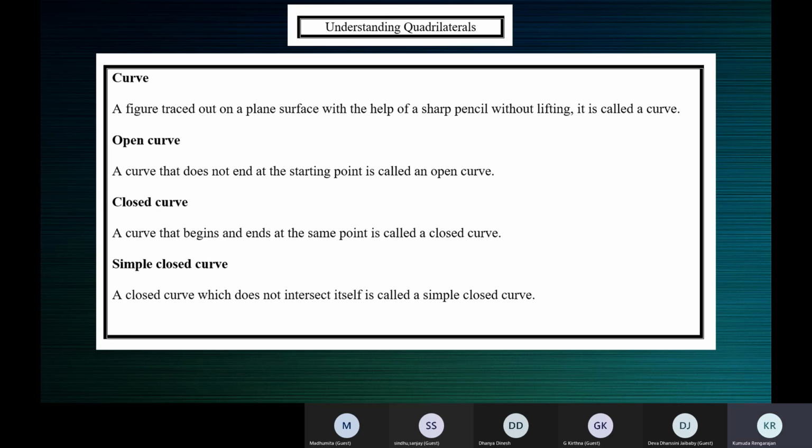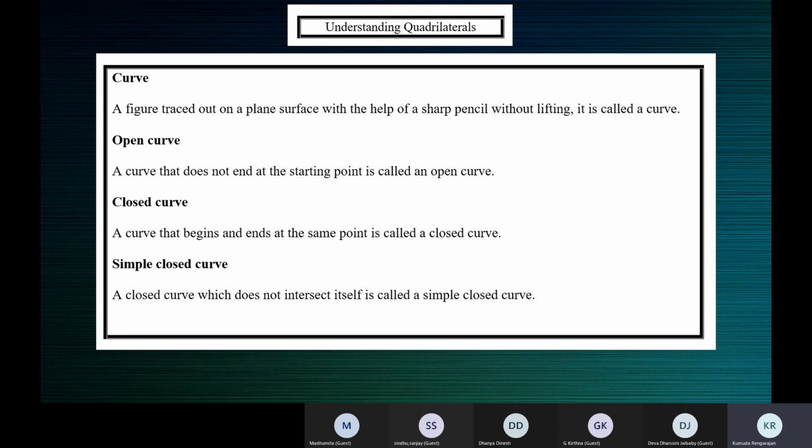A curve is basically a figure which you trace on a plane surface with the help of any writing instrument. It need not be a sharp pencil. When you trace a figure on a plane surface without lifting the tip of the pencil, such a figure is called a curve.